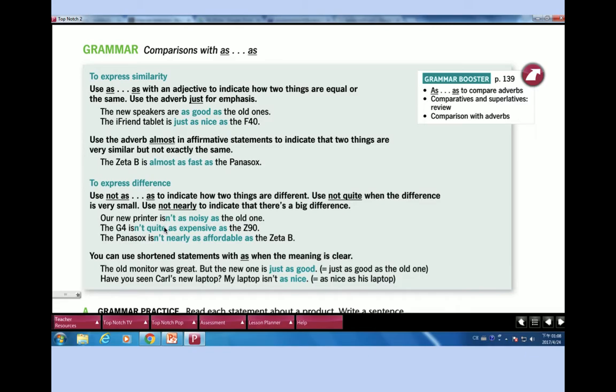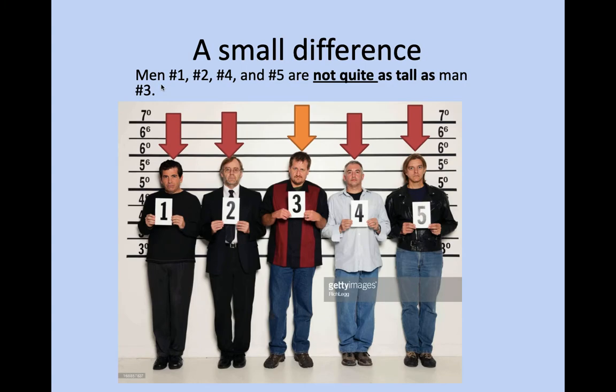Okay, let's do it. If we use isn't quite, it's a small difference. Men number 1, 2, 4, and 5 are not quite as tall as man number 3. See, I think this guy's the shortest one. It's pretty close. If you look at their eyes, they're almost the same.